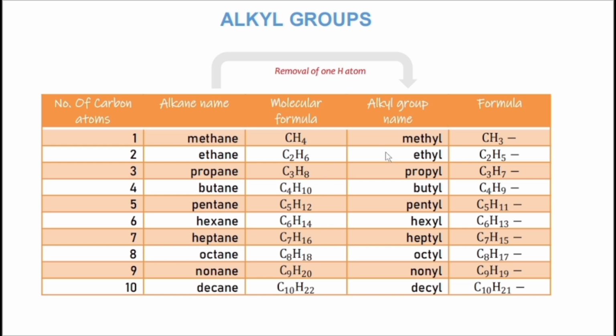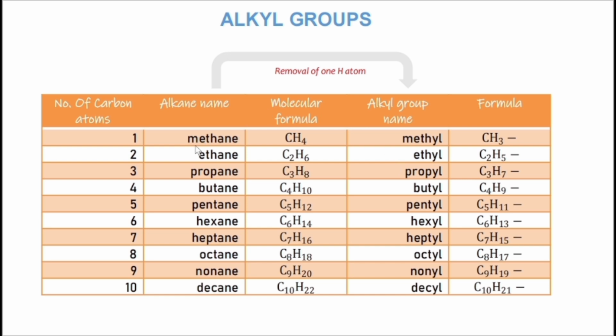Now, what do I have on the right side of the table? If I take the alkane and remove 1 hydrogen atom from that particular alkane, I will get an alkyl group. So it's no more an alkane, now it's an alkyl group.